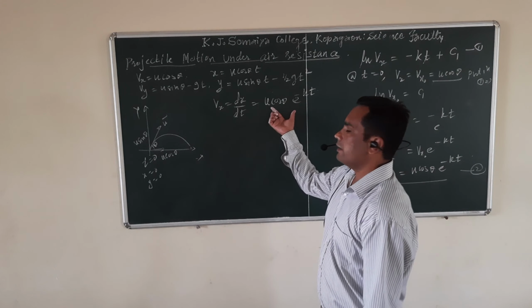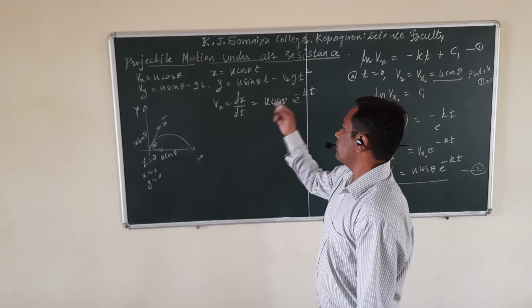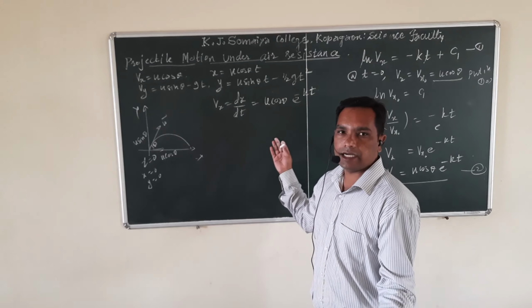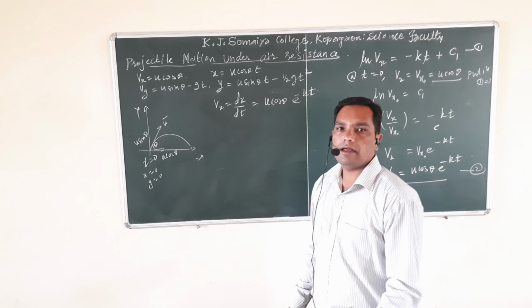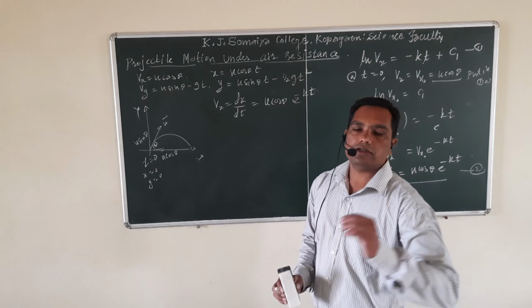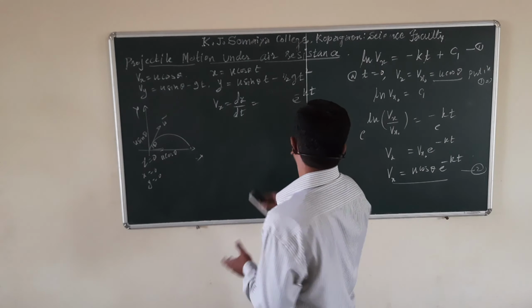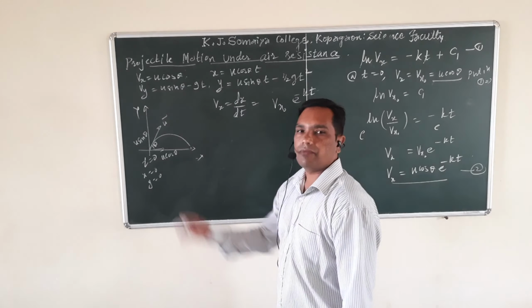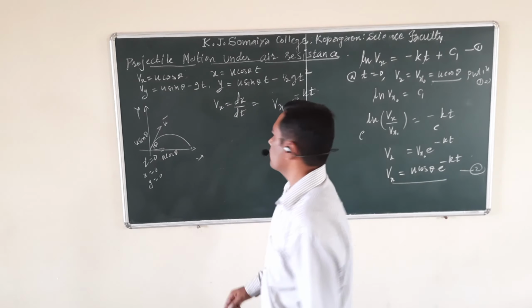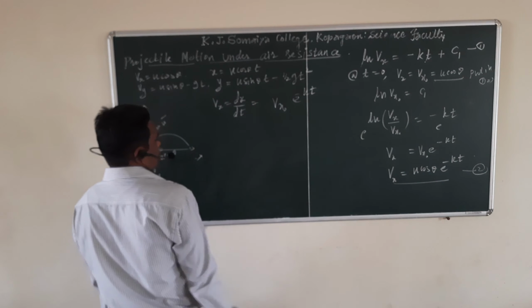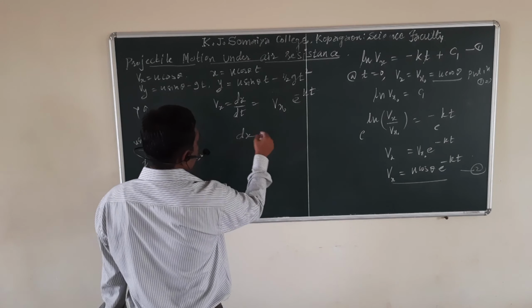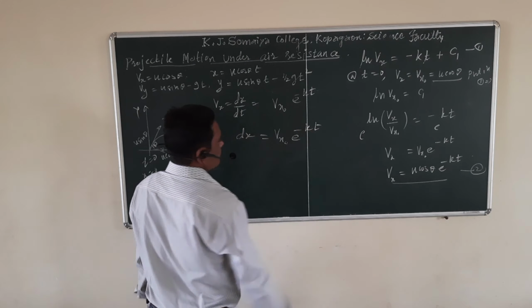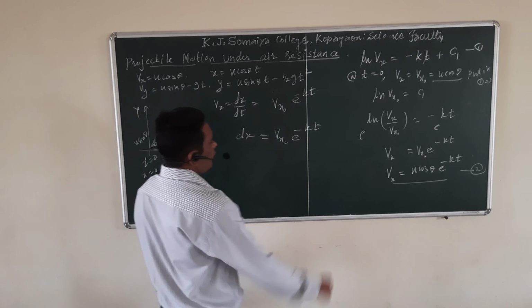So we can take the time factor and position factor towards left hand side and right hand side by the separation of variables method, and we can solve this equation. For solving purpose, we take Vx0 instead of this, and afterwards we put u cos theta. So again, dx is equal to Vx0 e raised to minus kt into dt.